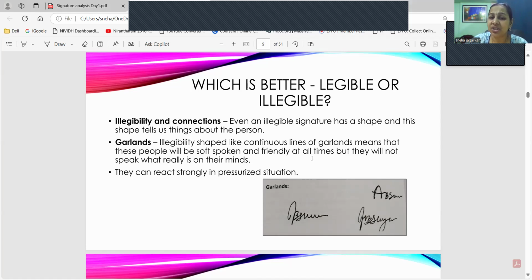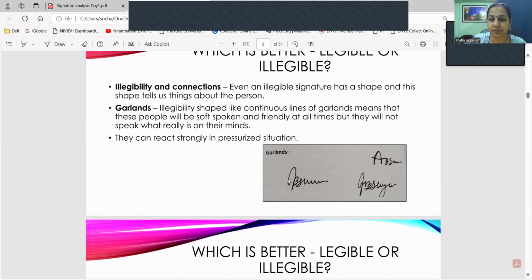So illegibility shaped like continuous lines of garlands means that the person will be soft spoken and friendly at all times, but they will not speak what is really in their minds. They can react strongly in pressurized situations. As you can see over here, let me annotate.